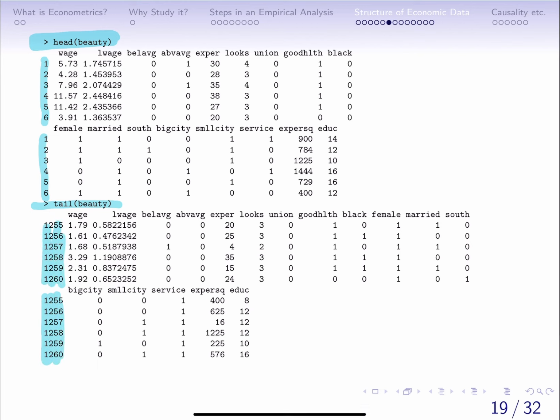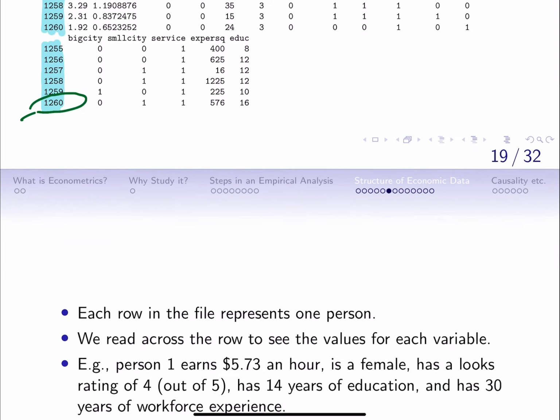Okay, so we'd said that this was a data set that has 1260 variables, and that's what we get, right? So this is going from 1 to 1260. This is really nice if you want to really just take a snapshot and look at your data. All of these commands are useful and would be useful throughout the course.